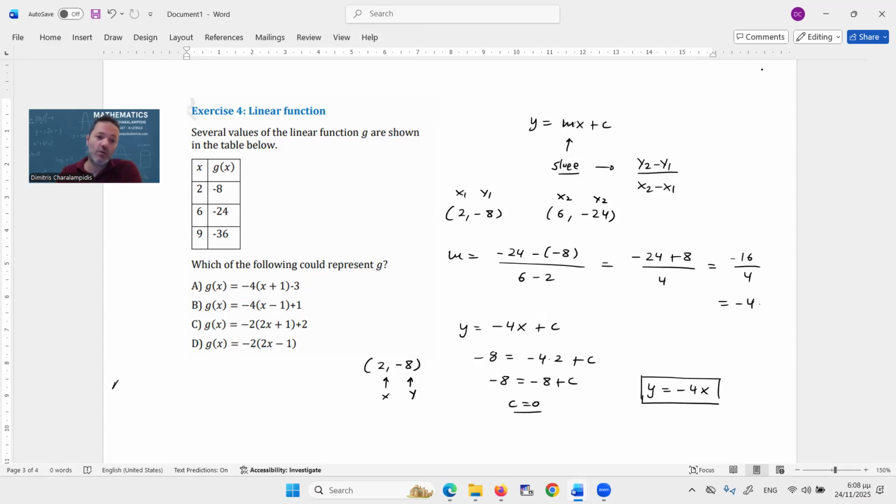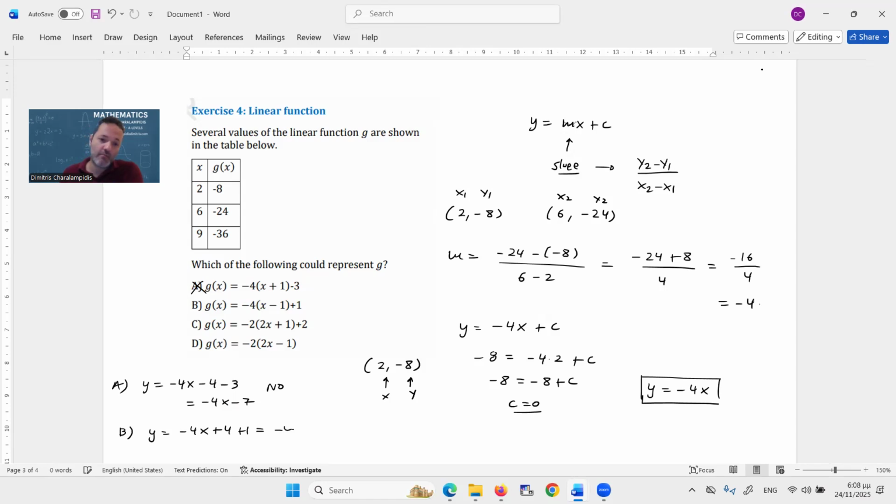So I'll go one by one and I'll check on a. Y is -4x minus 4 minus 3. This should be equal to -4x minus 7. Therefore, it's rejected. Let's go to b. Y is -4x plus 4 plus 1.